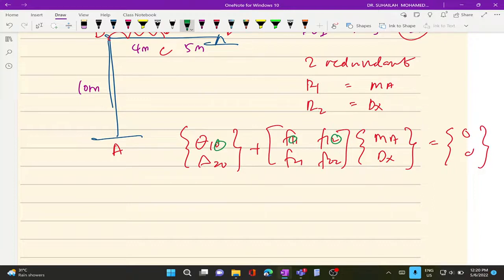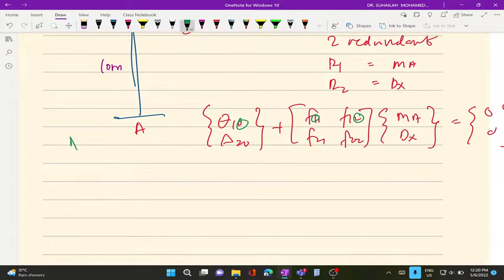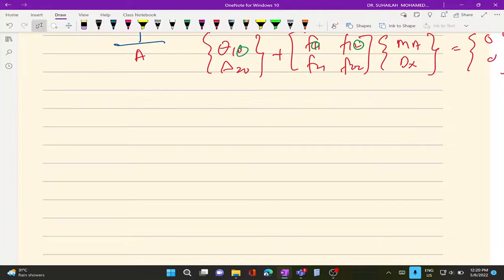It is the primary system M naught, redundant number 1 R1, redundant number 2 R2. Okay, so from this, what we want is, because we know that we have to integrate the moment equation to calculate displacement. So what we actually want is M naught, M1, M2.